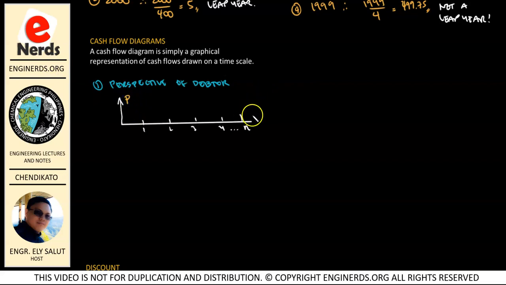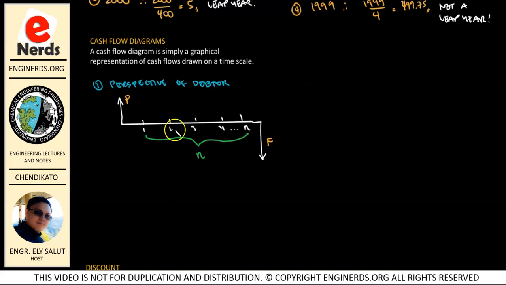And then later on, when we reach the year kung saan kailangan niya na magbayad, he will have to pay. So, he will release money here. And that is what we call the future amount, diba? Which is our F. Okay, so dito natin ma-evaluate yon. Itong range natin dito is our N. Okay, kung ilang years ang nakalipas before our payment.